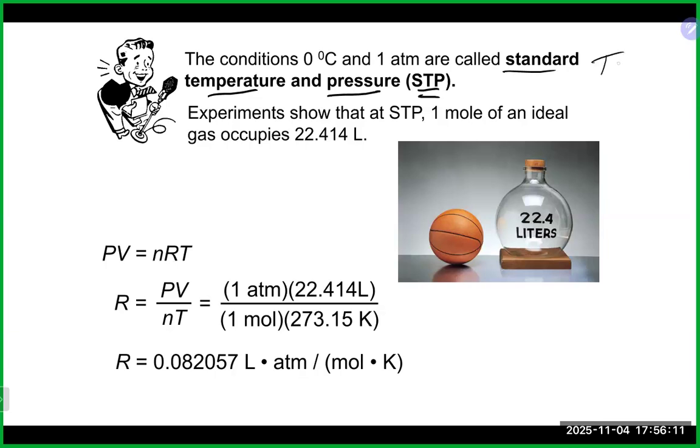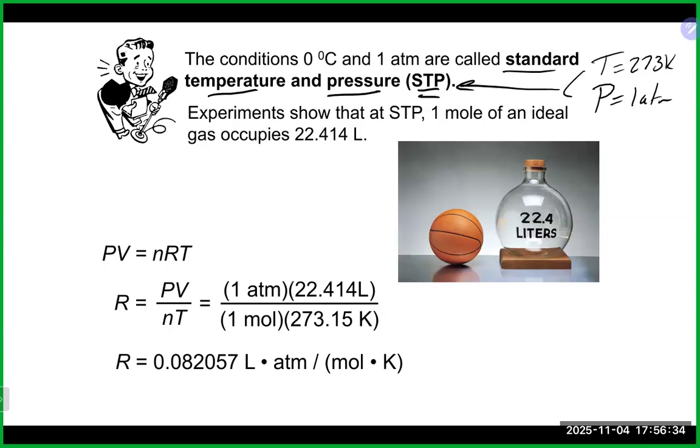The temperature value that you would use is 273 Kelvin. The pressure value would be 1 atmosphere. So that is basically STP conditions. So again, much like R, which is not usually mentioned in the problem, if they mention STP, they don't usually tell you, hey, those are the two values you should use.